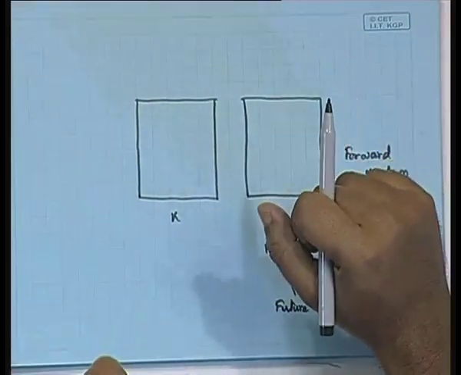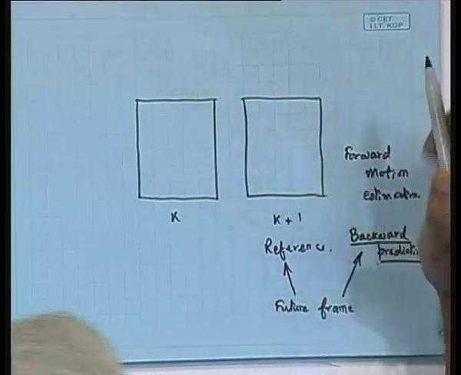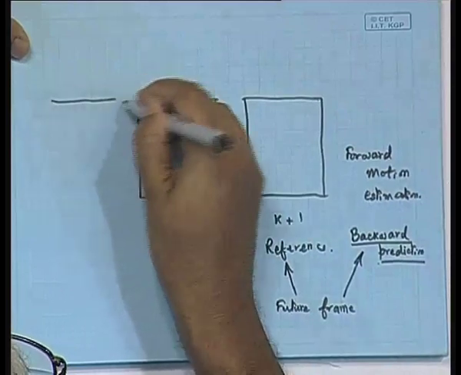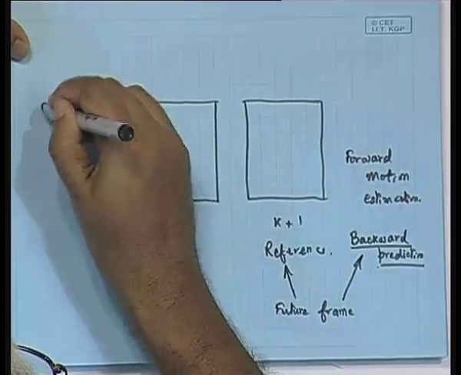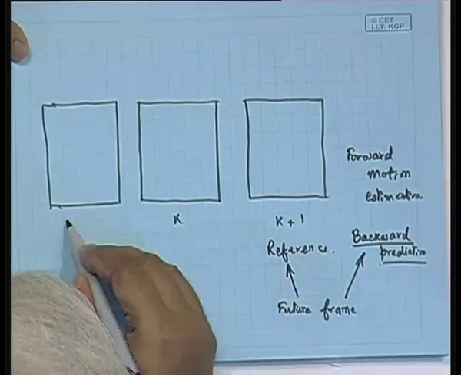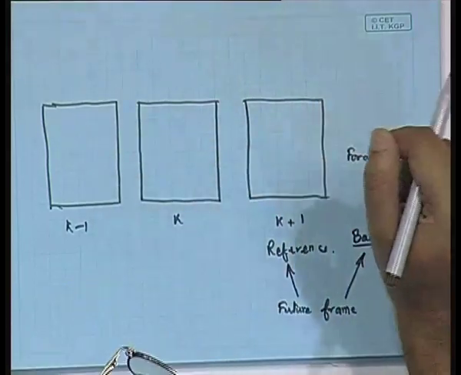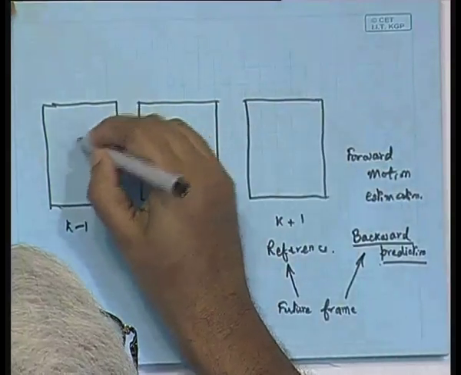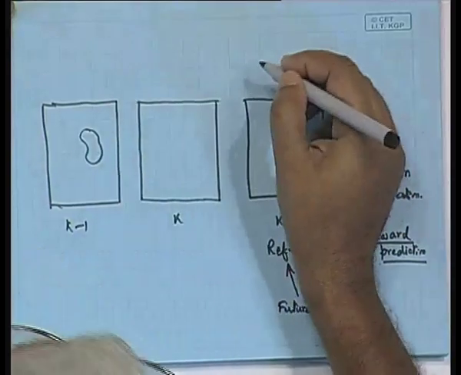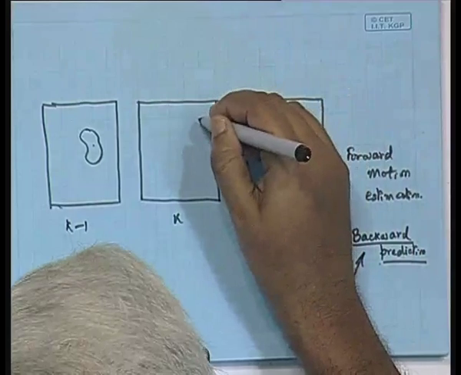You see, we are dealing with moving objects. Let us say that we draw 3 frames: frame k, frame k plus 1, and frame k minus 1. Let us say there is some object at some position in frame k minus 1.